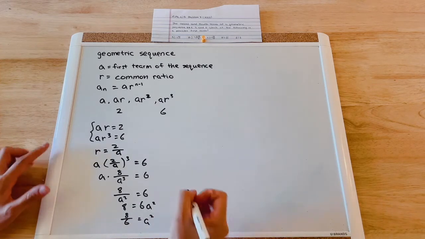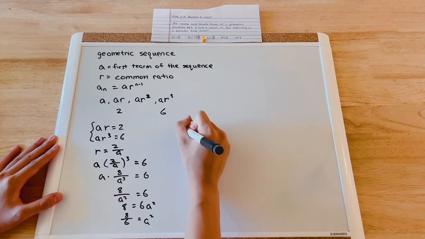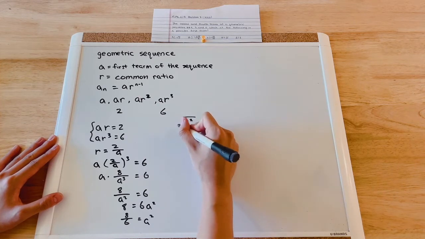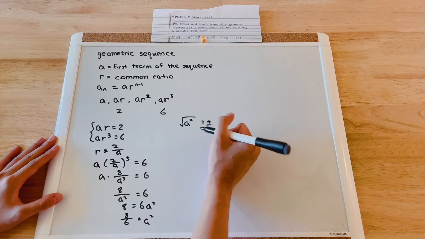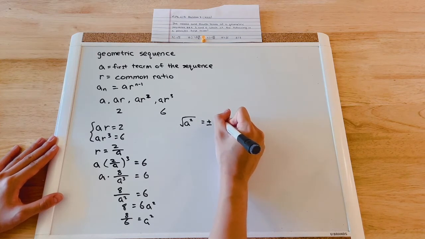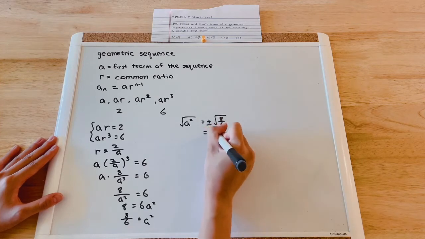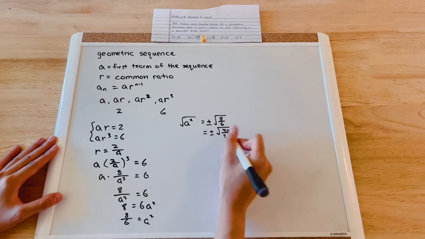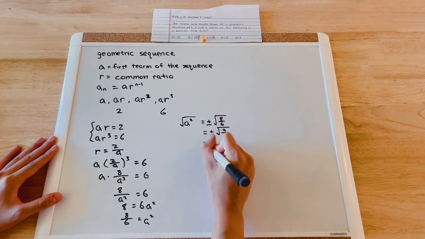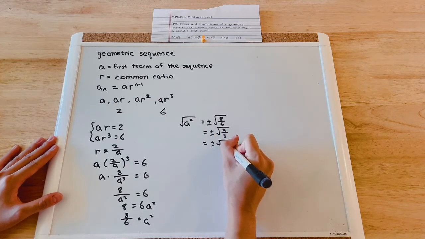So then what is A? A squared is 8 over 6, and then the square root of that would equal A, but that is both positive and negative, because it is the square root of 8 divided by 6, which equals the square root of 4 divided by 3. And you know 2 times 2 is 4, so that would equal the square root of 2 squared divided by 3.